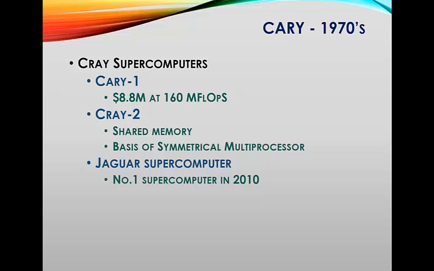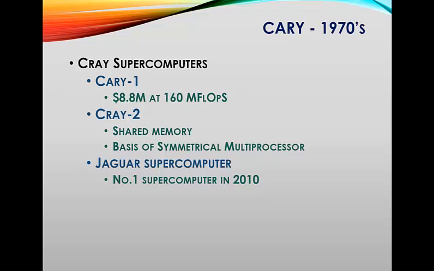The Cray 1 was a very, very expensive machine. It was about $8 million and could achieve about 160 megaflops, which is millions of floating point operations per second. The speed nowadays is teraflops, which is essentially a million times larger than the megaflops that the Cray 1 was capable of handling.